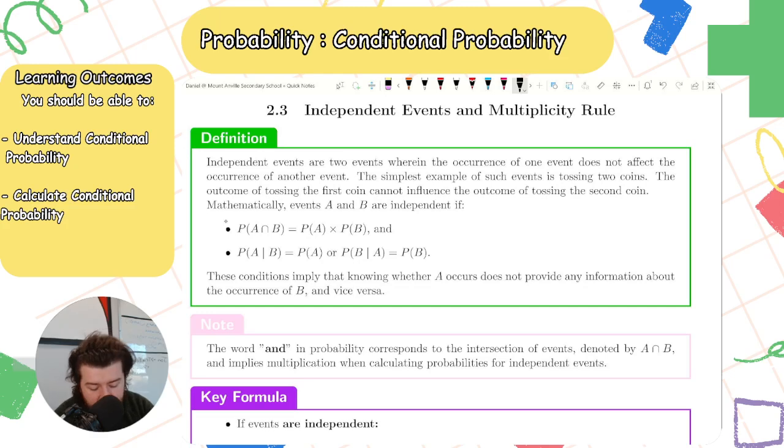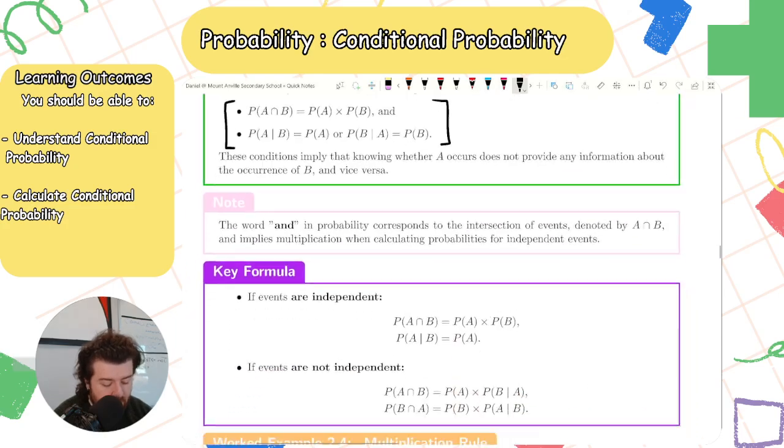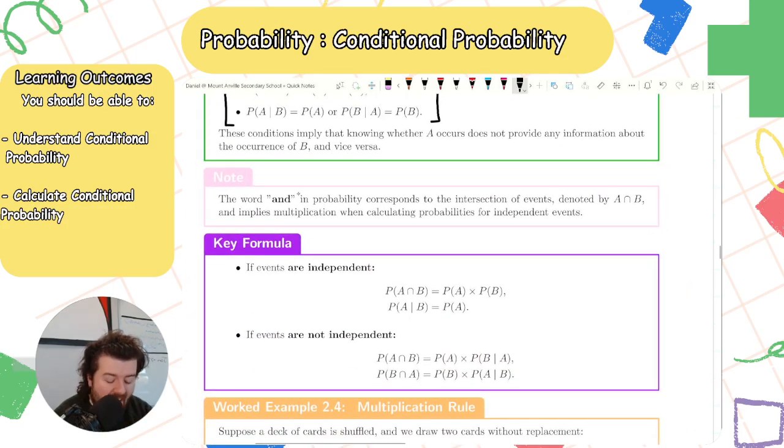Mathematically, for independent events, A intersection B will equal probability A times probability B, and like I just said, the conditional probability A given B is just equal to probability A. Just remember, the word and in probability corresponds to the intersection of the events, denoted by A intersection B, i.e. the probability that both events happen.